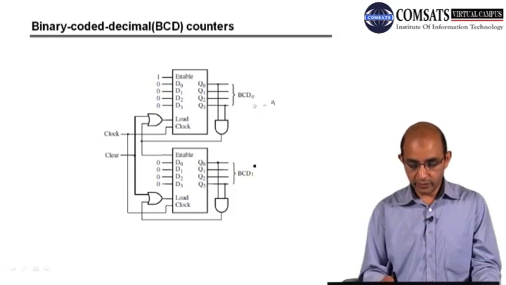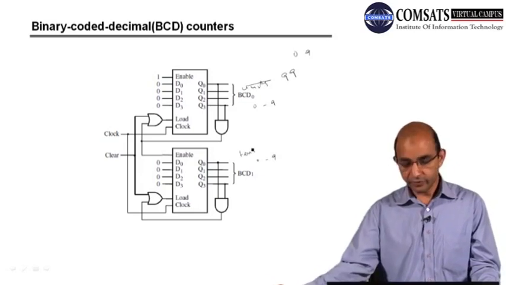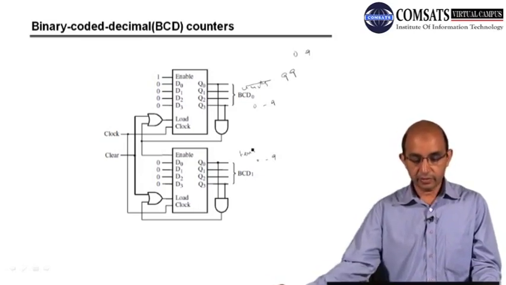And it can count from 0 to 9. So overall we can count from 0 to 99, because this will be for 9. So this is for units, and this is for tens. So this is another configuration for the BCD counter.